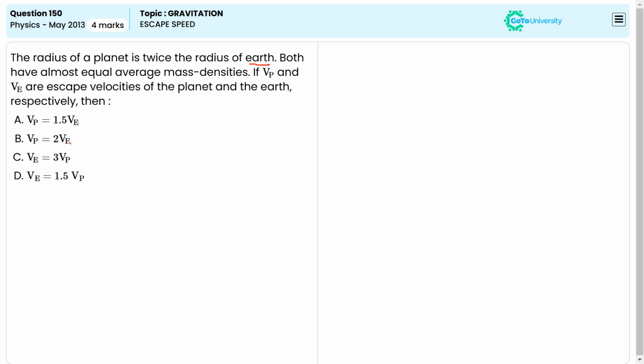If I take the escape velocity of the Earth, denoted by VE, we know that it is the square root of 2GME divided by RE, where ME is the mass of the Earth.